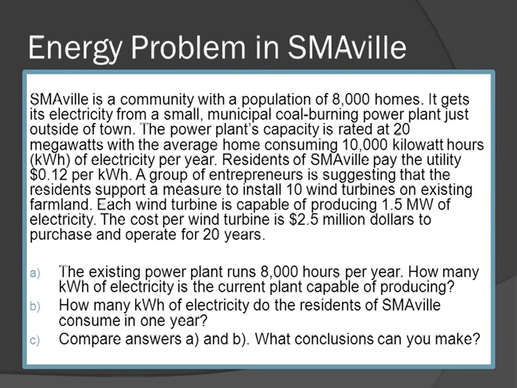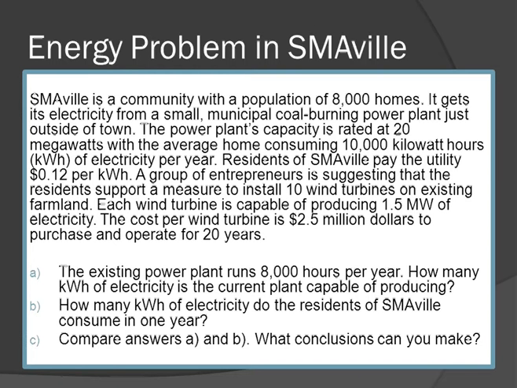Smallville is a community with a population of 8,000 homes. It gets its electricity from a small municipal coal-burning power plant just outside of town. The power plant's capacity is rated at 20 megawatts, with the average home consuming 10,000 kilowatt hours of electricity per year. Residents of Smallville pay the utility 12 cents per kilowatt hour.